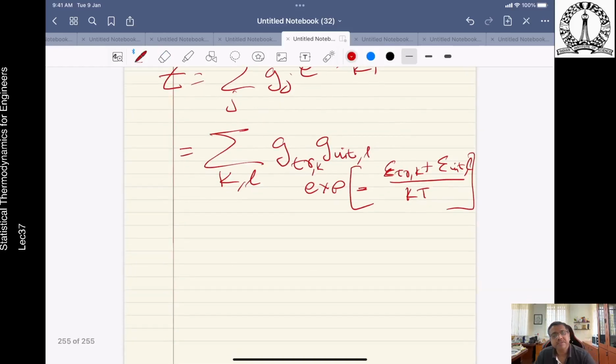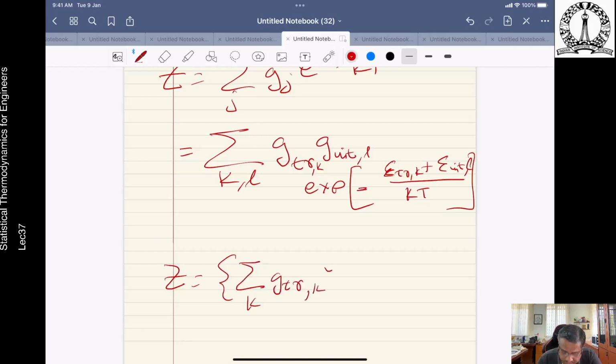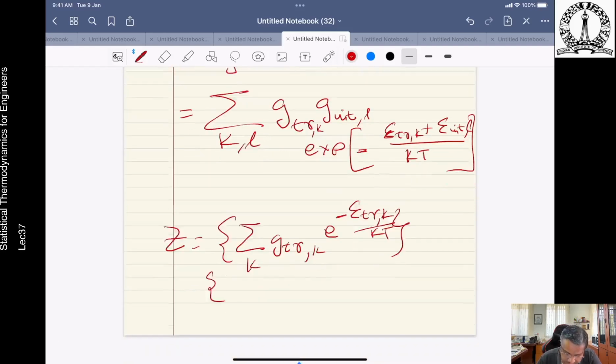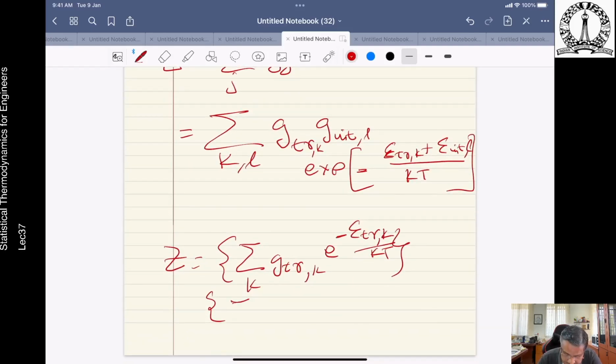So now Z can be written as the summation over k of g translation k e to the power of minus E translation k by kT, multiplied by the summation over l of g internal l e to the power of minus E internal l by kT.